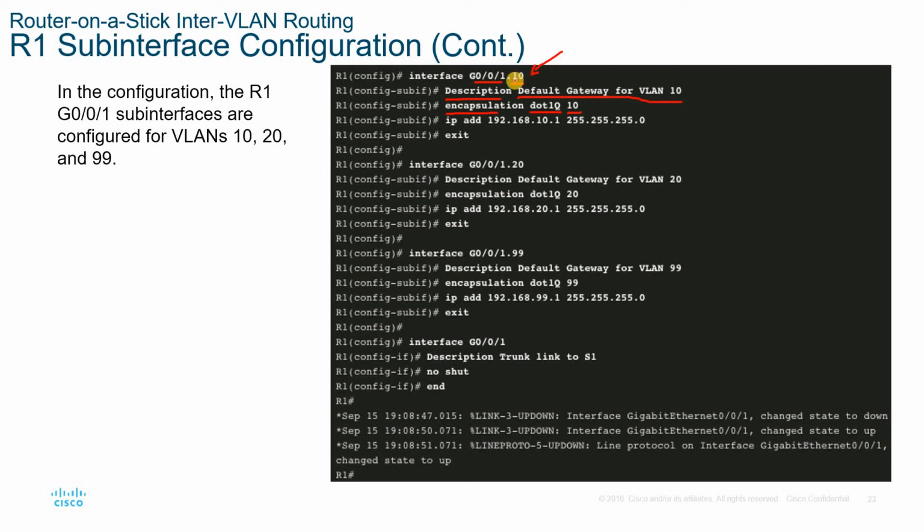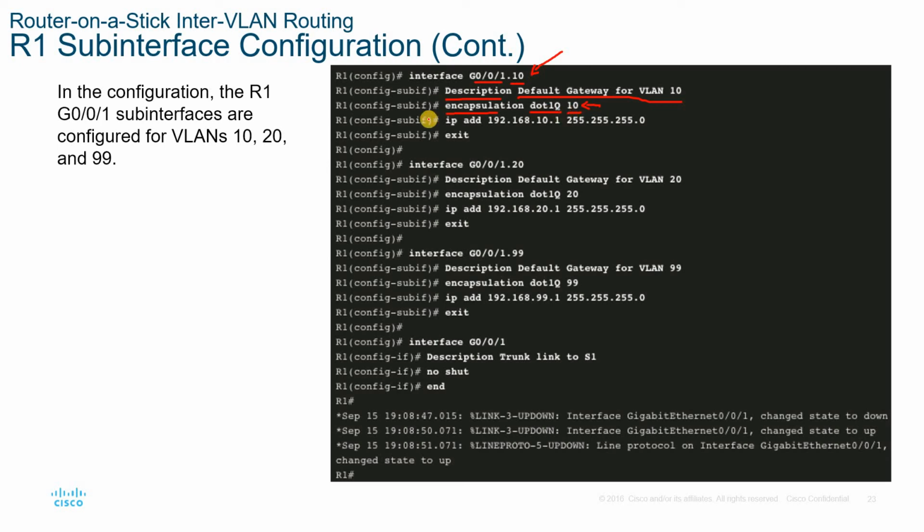Ito yung ginawa mong subinterface, ano ba yung susuportahan nito? Ang isusupport nito will be VLAN 10, kaya nga 10 ang nakalagay dyan. That's why it's pretty important that you choose the matching subinterface number with the VLAN ID, para hindi na lang siya nakakalito.